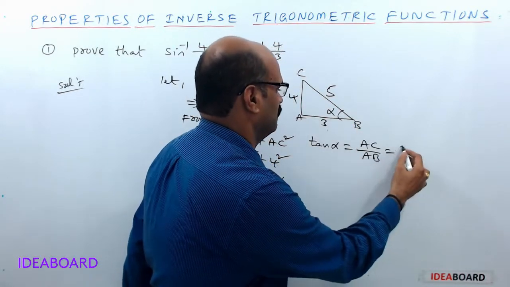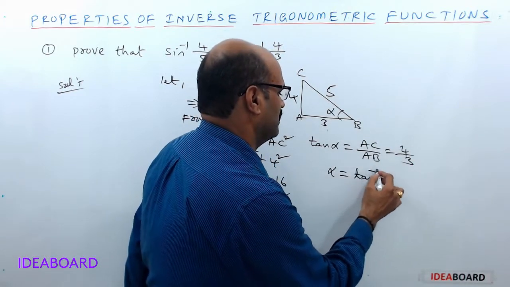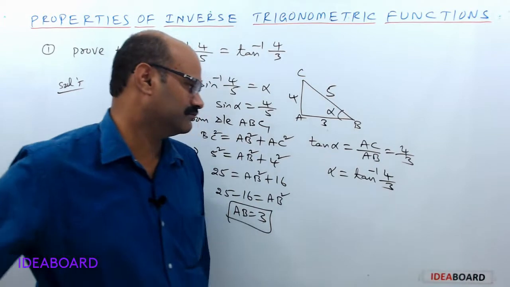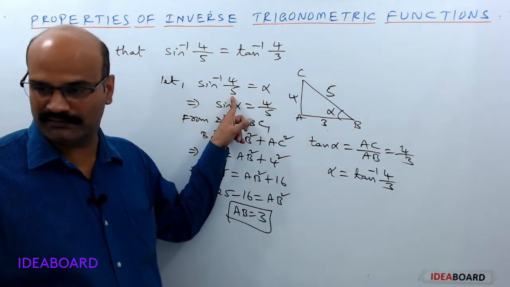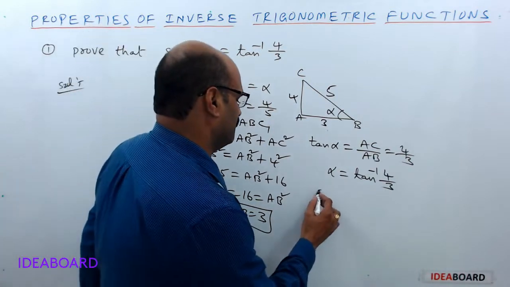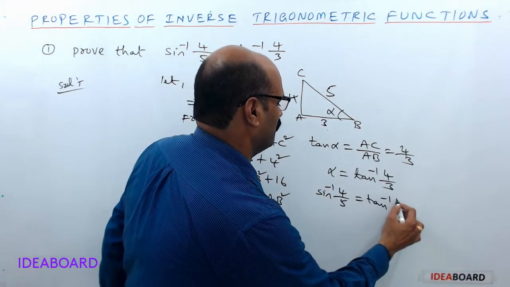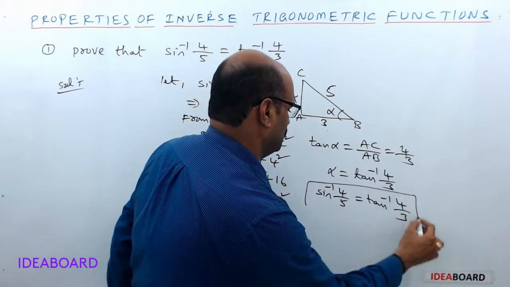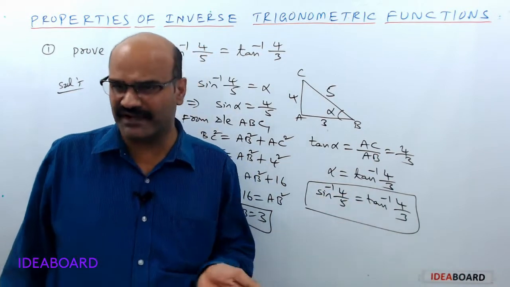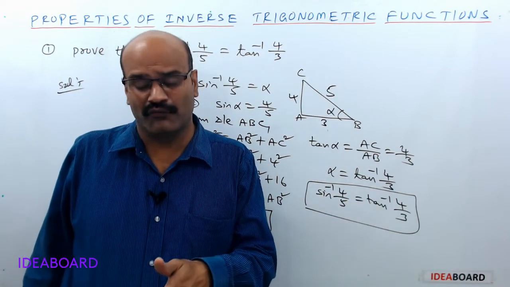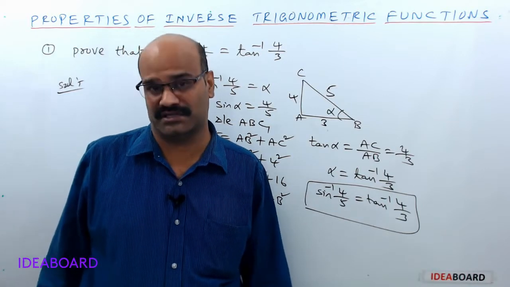Here AC equal to 4 and AB equal to 3. So alpha equal to tan inverse of 4 by 3. But alpha equal to sin inverse of 4 by 5. Therefore sin inverse of 4 by 5 equal to tan inverse of 4 by 3. Hence proved. So when you have any inverse sine function, we can convert it into any other inverse trigonometric function.